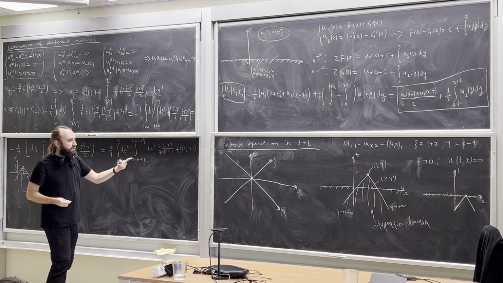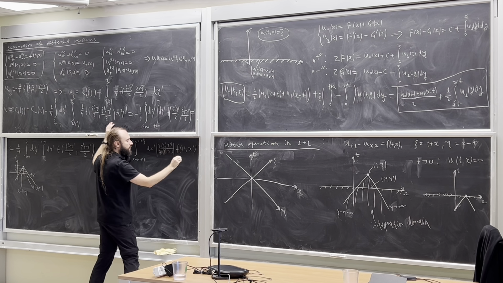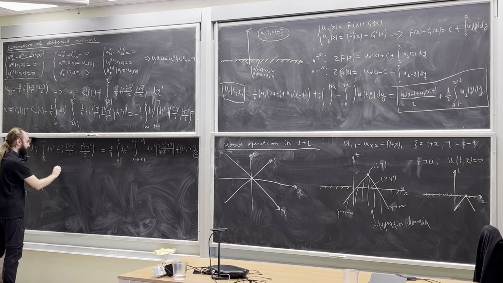So, this Jacobian, let's compute it. I will not care about the sign, but it will be 2, or it can be checked in some other way.